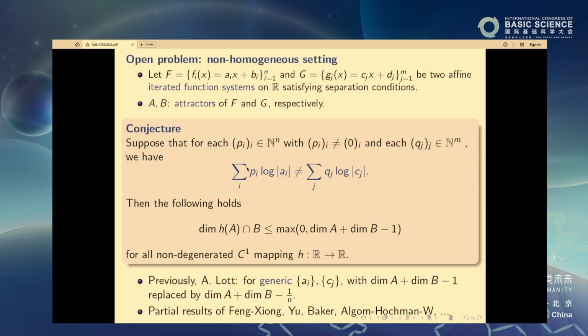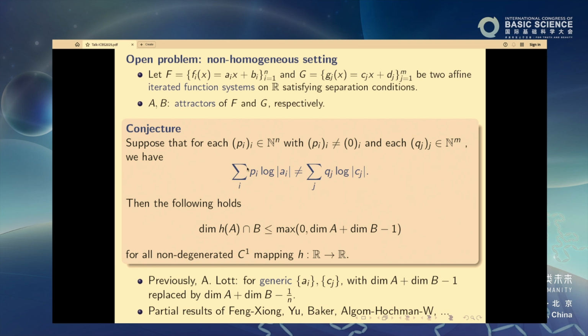Finally, I would like to mention that so far we have only talked about those sets invariant under times P and times Q. Those sets can be considered as subsets of certain self-similar sets that have the same contraction ratio.